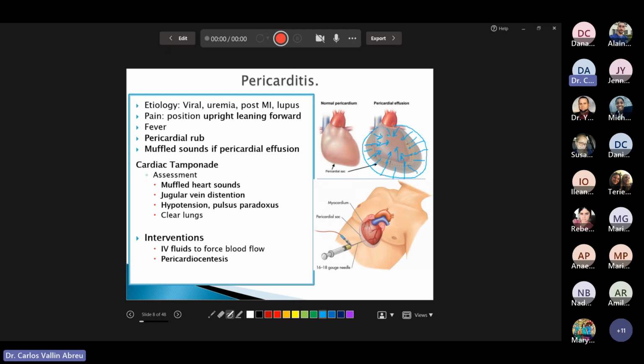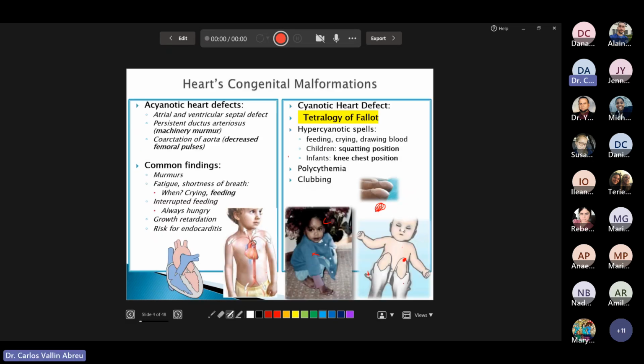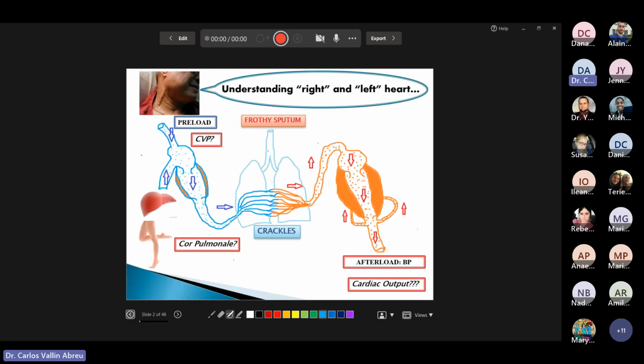It's choking the heart, and the heart cannot expand, cannot fill with blood, because now the blood cannot enter. Why can't it enter? Because there is a pressure that is squeezing, strangling the heart.